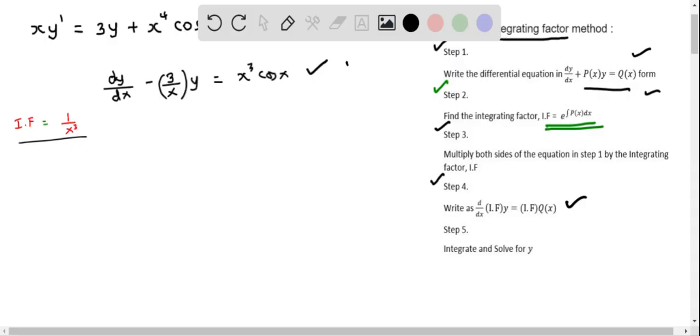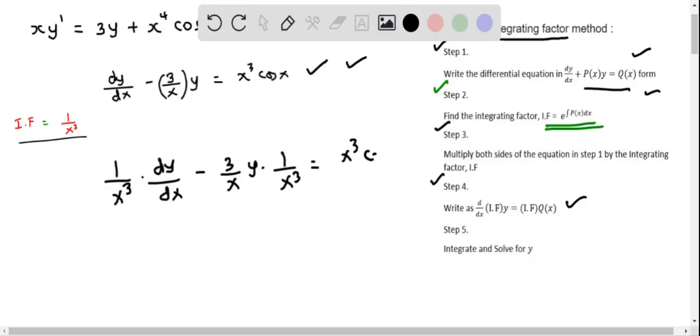I'm going to multiply both sides of this equation by the integrating factor. So when I do that, I have to multiply each term by 1 over x power 3. Therefore, this becomes 1 over x power 3 times dy by dx minus 3 by x y times 1 over x power 3, and this equals x power 3 cos x times 1 over x power 3.